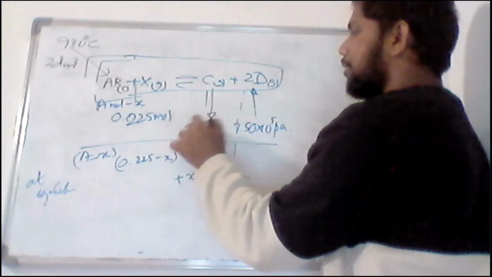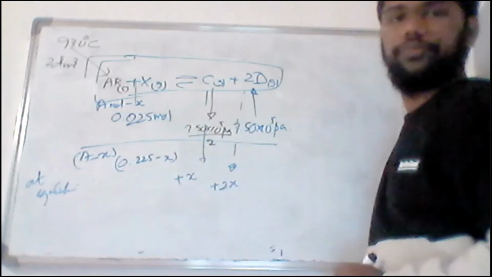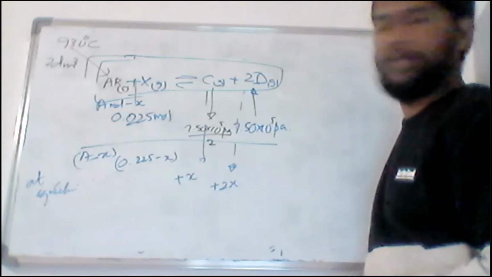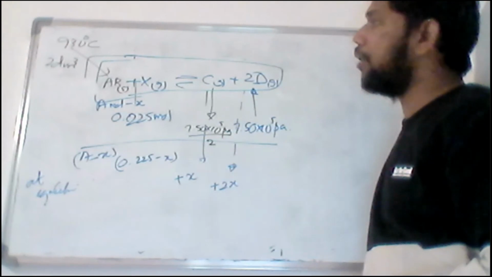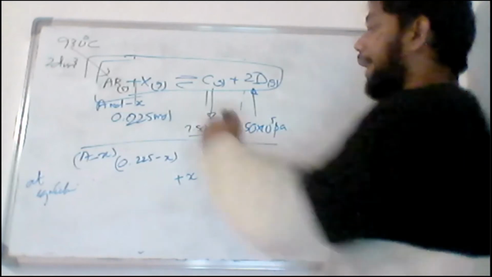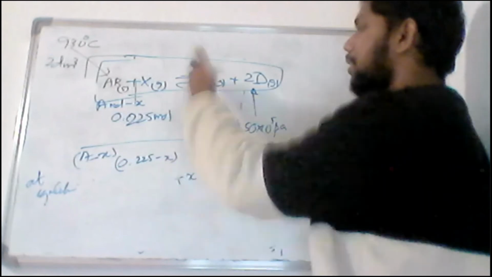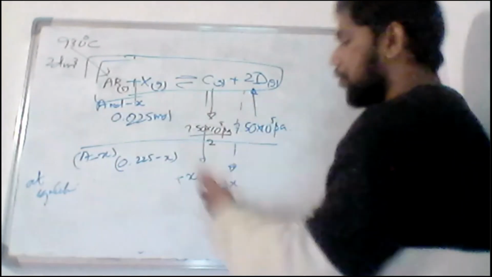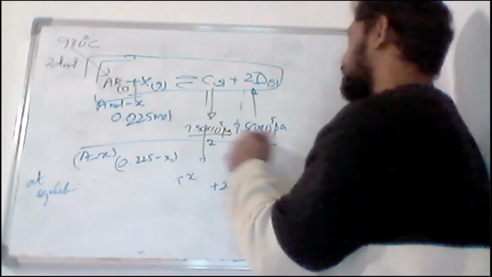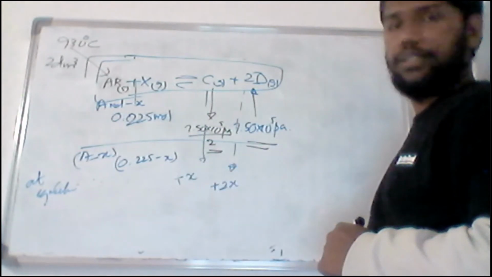So it will be 7.5 into 10 to the power 5 Pascal over 2. This is straightforward. And what about X then? We don't know X. So X means the amount that is formed here, C. We don't know X. We don't know 2X. But we know the partial pressure here. That is important to understand.